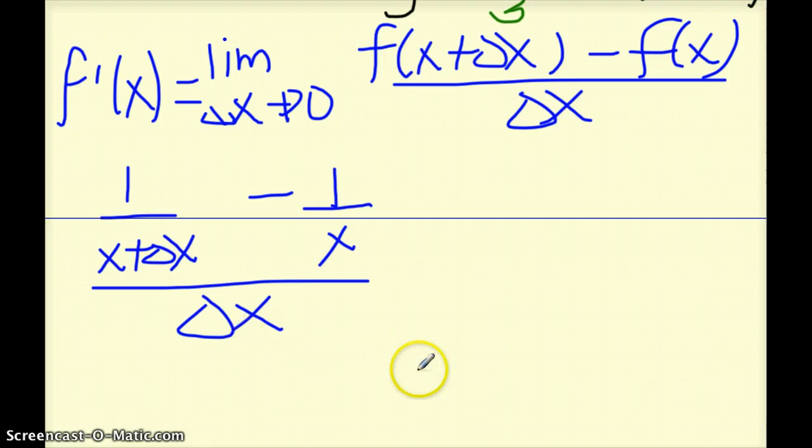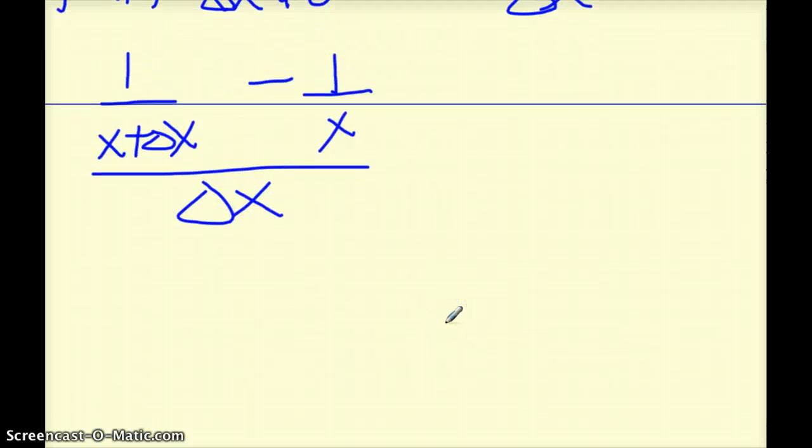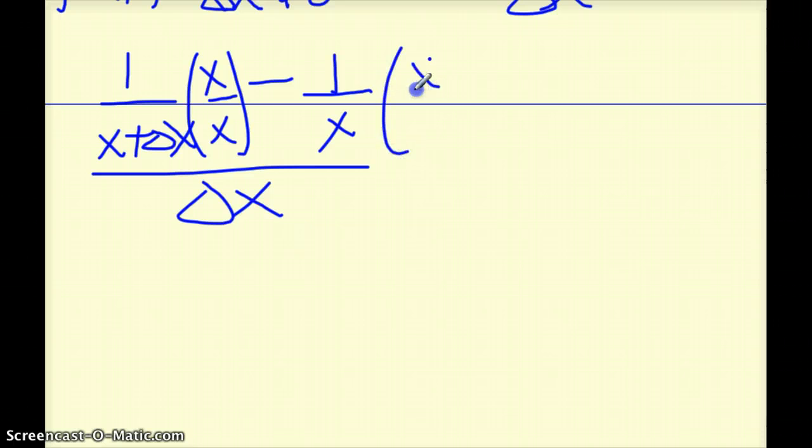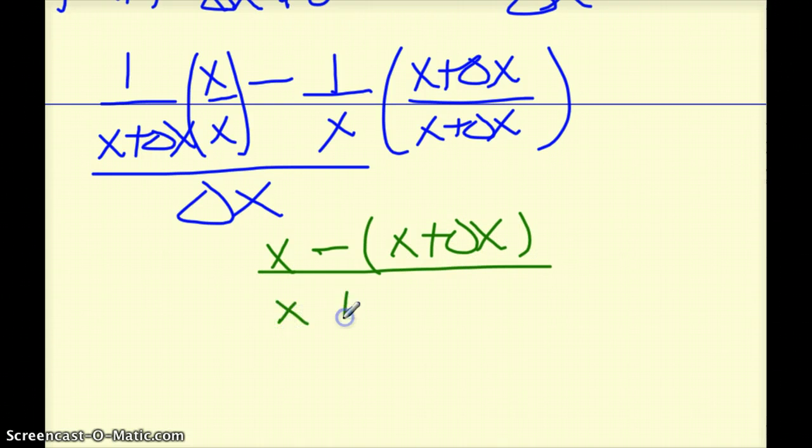So once again, just like our previous chapter, we're going to have to solve this using algebra. If I wanted to get common denominators, I need to multiply this one by x over x, and this one by x plus delta x, so my denominators match. And if I simplify that, I'm going to get x minus, parentheses, x plus delta x, all over x plus delta x, parentheses, times x.